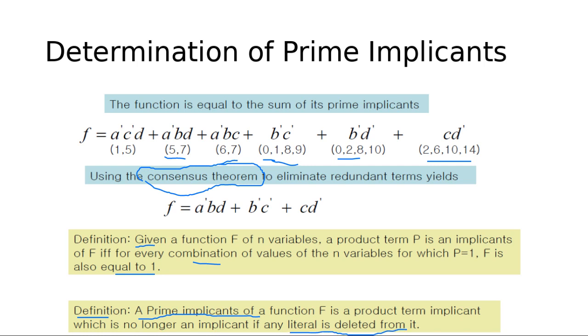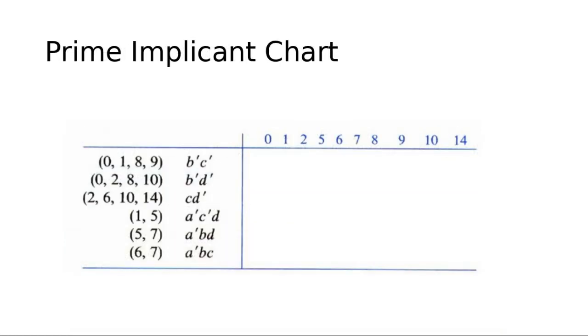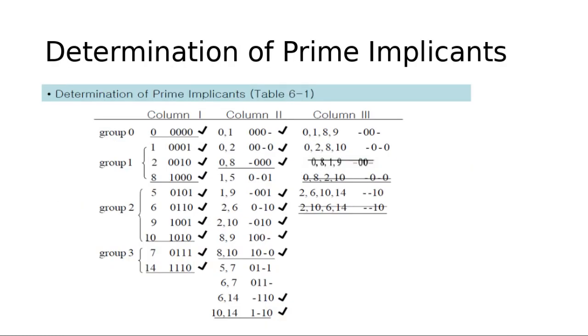Okay. As I said, you can simplify this function in an algebraic way. You can use the consensus theorem or other theorems and you can get this simplest version. But in the Quine-McCluskey method, there is another step. Let's see the next steps. You get these 6 expressions, right? The result of this column, the result of this table.